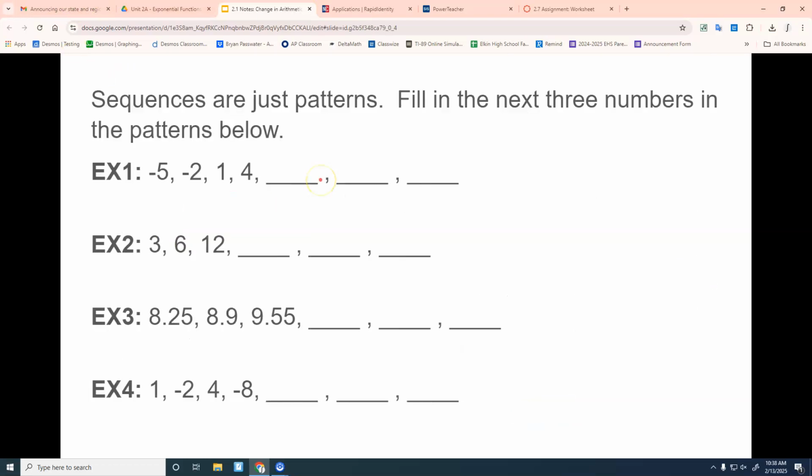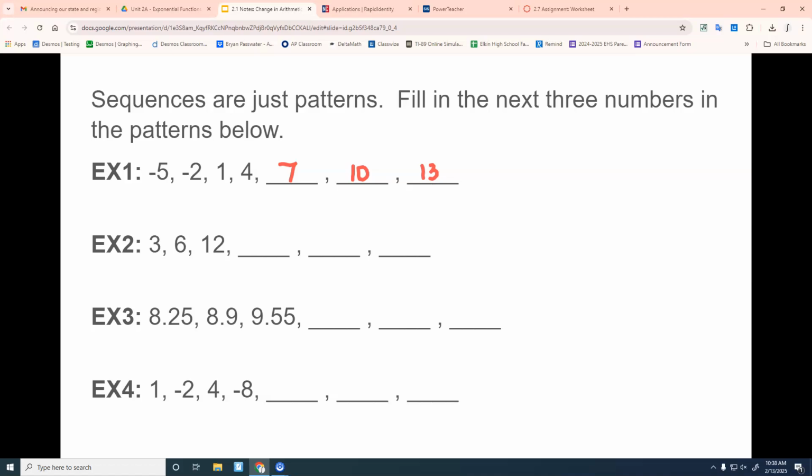Okay? So, you have been doing sequences since you were small children. For example, maybe whenever you were in like 2nd grade, you would not start at -5 or -2, but if you had 1, 4, what's happening each time there? You're adding 3. So what goes next? 7, then 10, and 13.